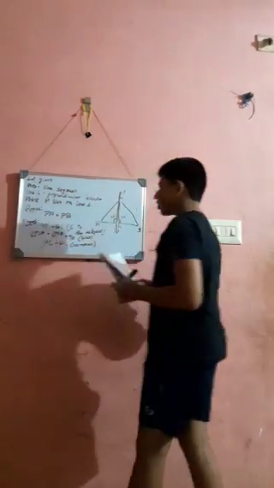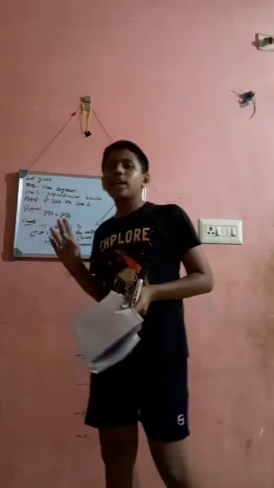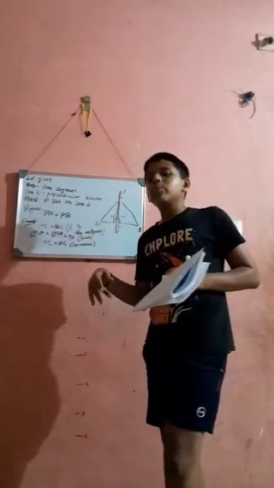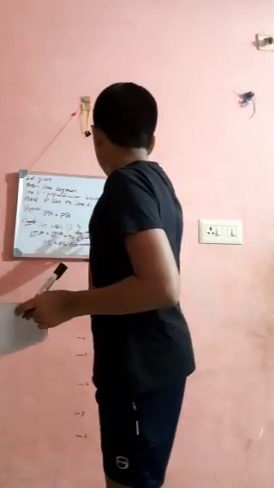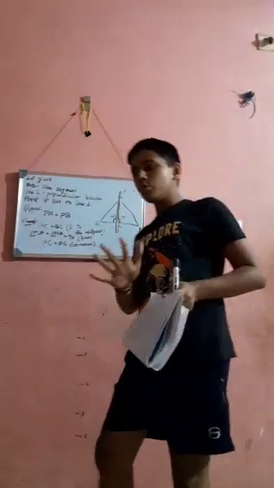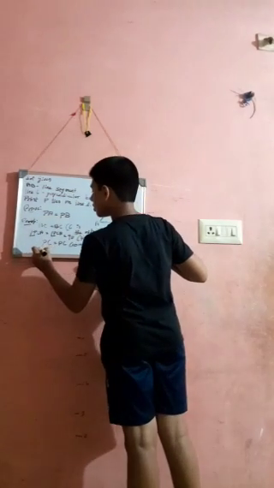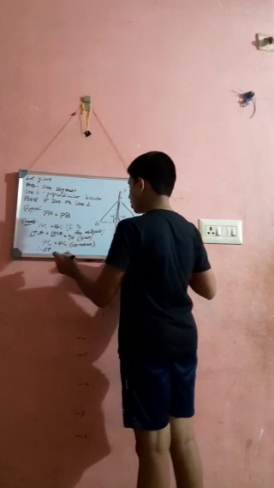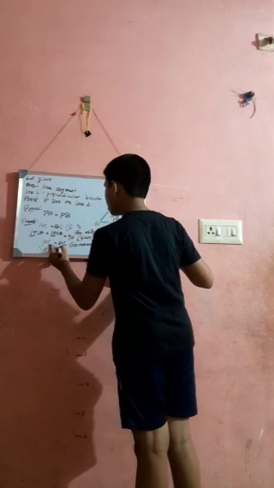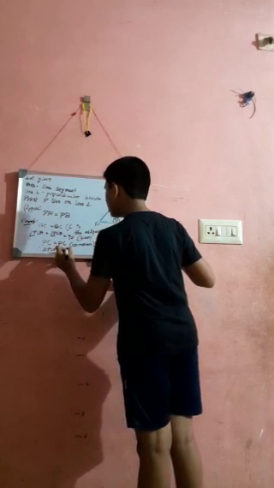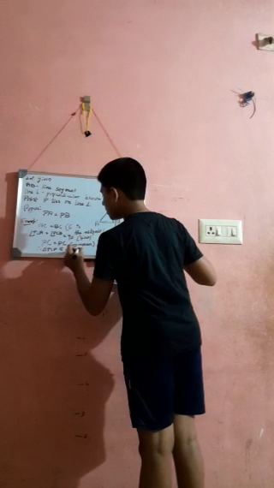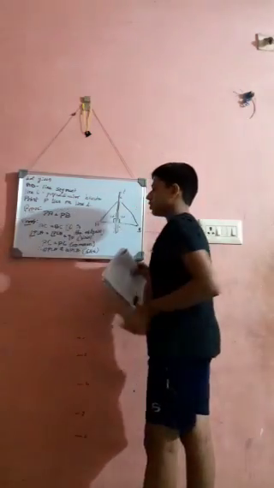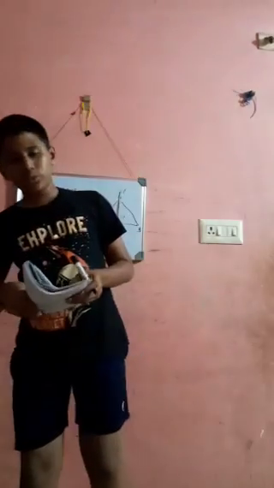Therefore, two sides and included angle are equal to the corresponding two sides and included angle, so the two triangles are congruent according to the SAS congruence rule.